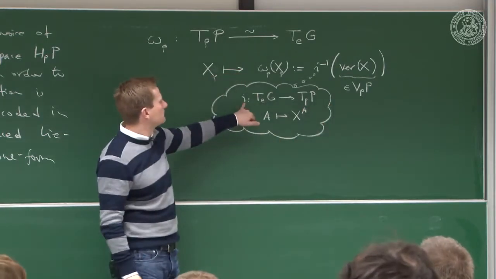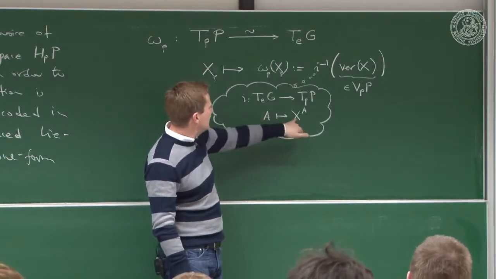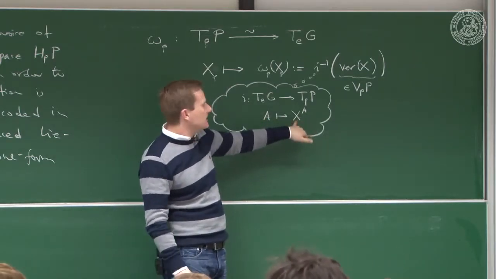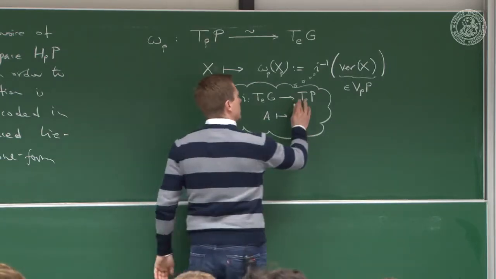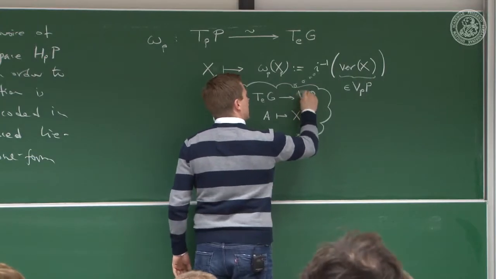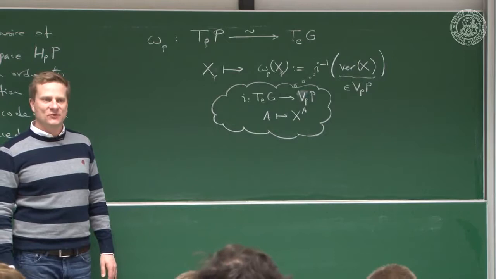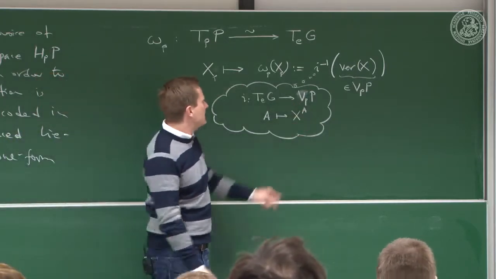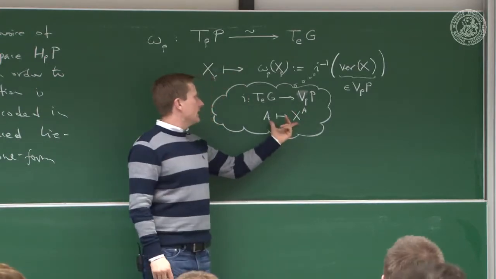Because A is taken into X_A, and this X_A is always a vertical vector field, as we showed in the beginning, the image of this map is only V_P P. And indeed, this is invertible. Essentially why?